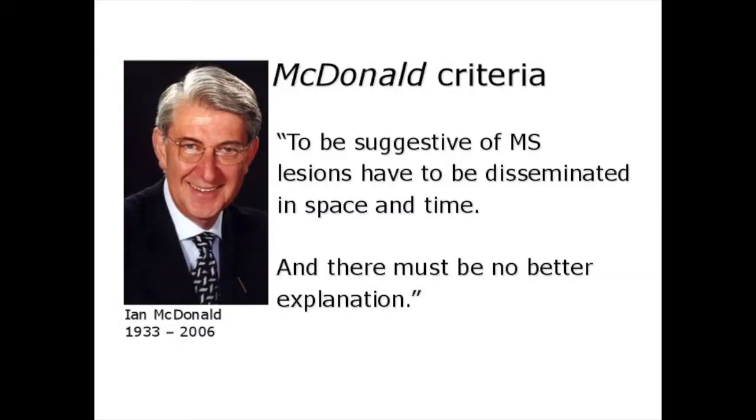And his name is the headline for the currently used criteria to diagnose MS. The key points here are that to be suggestive of MS, lesions have to be disseminated in time and space. That's one. And the other is that any potential other explanation has to be ruled out. So, reiterating now in the year 2015, MS remains essentially a diagnosis by exclusion.